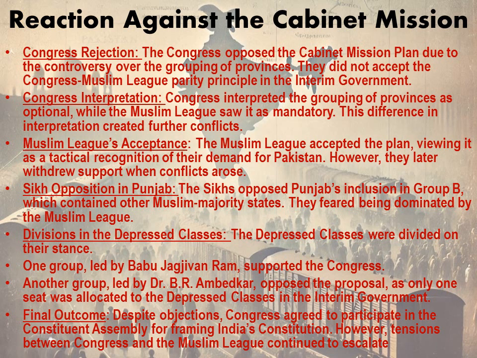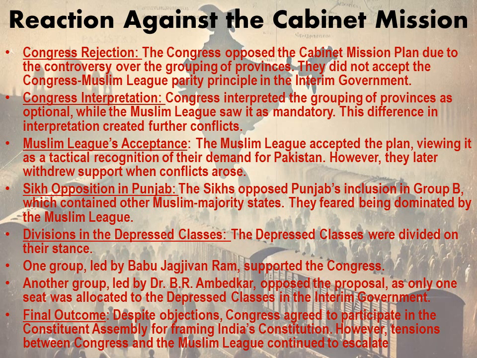So, what was the final outcome? Despite objections, Congress agreed to participate in Constituent Assembly for framing India's constitution. However, tensions between Congress and Muslim League continued to escalate. Now, you may remember that in 1939, all the Congress ministries resigned, and that was a tactical blunder because if you get angry at the Britishers and resign from the government, then you are in no way having an opinion in the government.